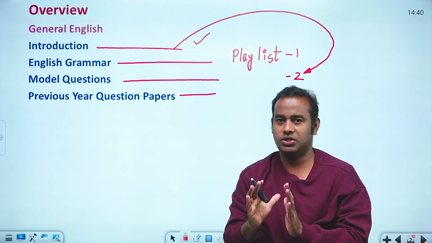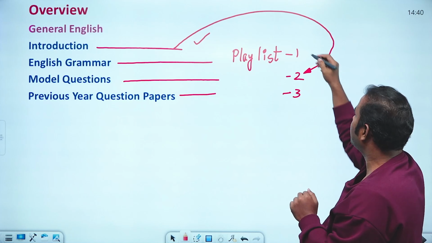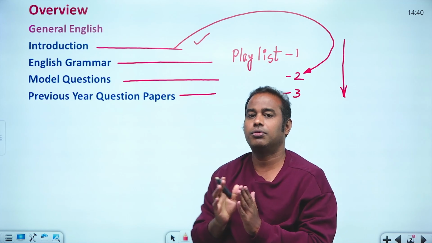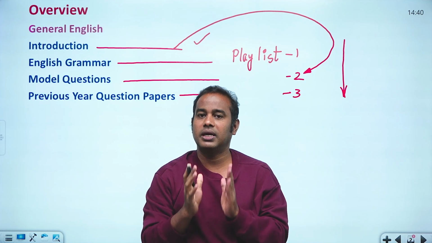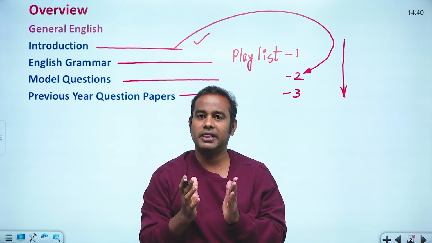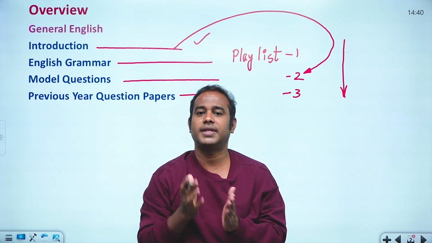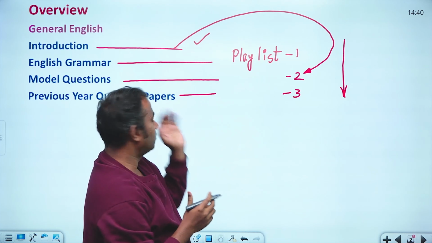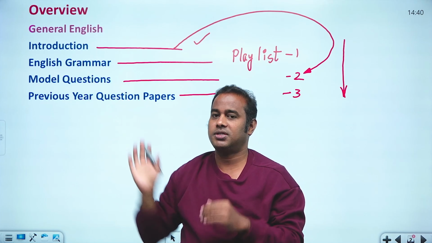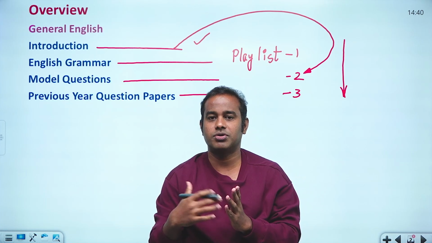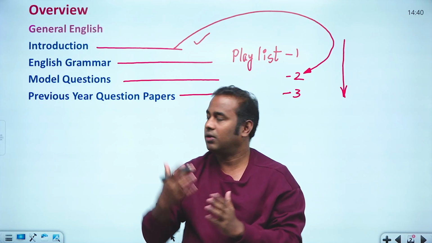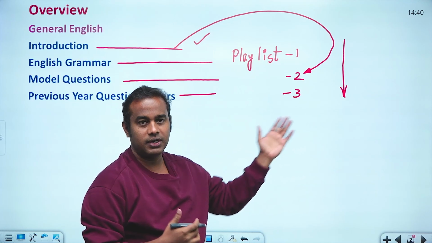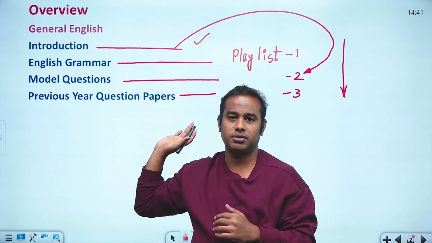In these 3 playlists, you have to go according to the sequence. If you are good in English grammar, or if you feel there is no need to practice, you can skip the first playlist and go to the second playlist, the model question papers, and look at how the questions are framed. If you are good with 1 and 2, you can skip to the third one, the previous year question papers playlist.